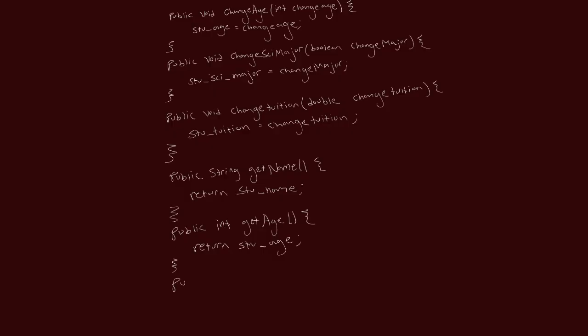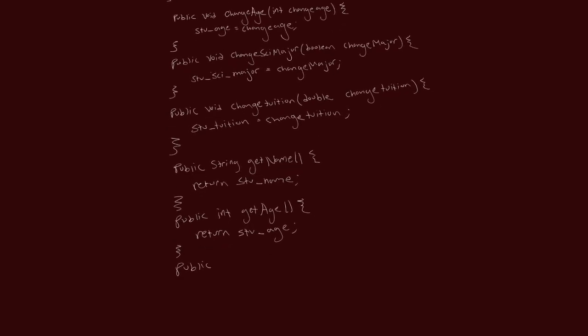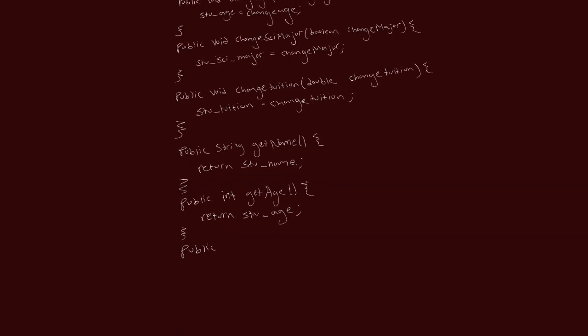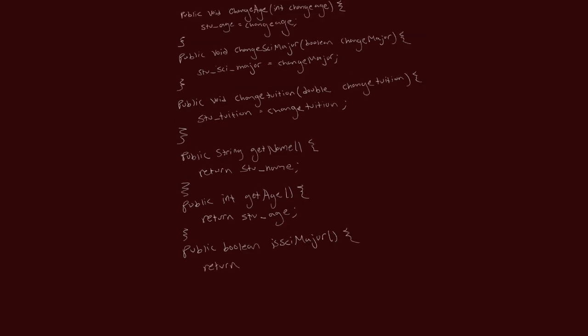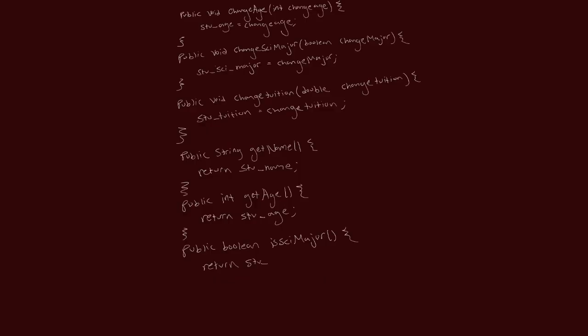And then there's public, we check if they're a science major or not. So we have to return a boolean, is psi major? So we return stu psi major.